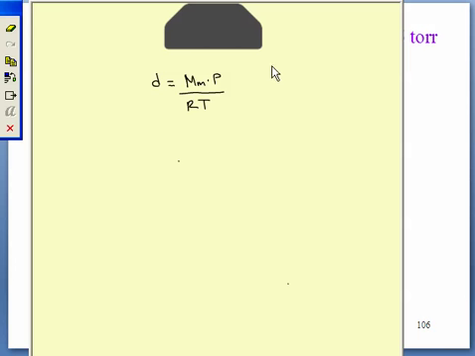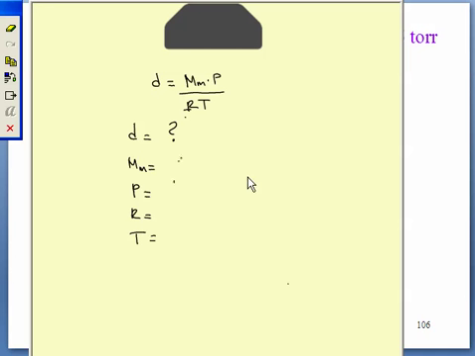The next thing that I want to do is label or write out what I'm given so I can figure out what my next step is going to be. So according to this problem, the density is what I'm solving for. So I'll put a question mark there. Now I'm not given a molar mass, so I'm going to go on to my pressure.